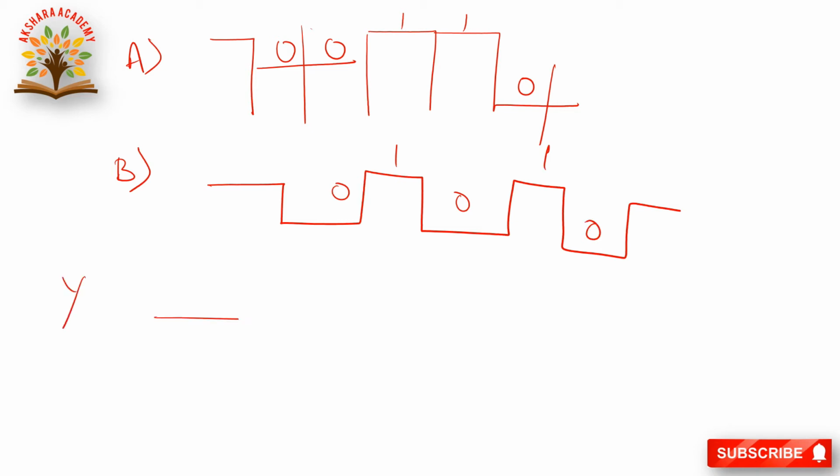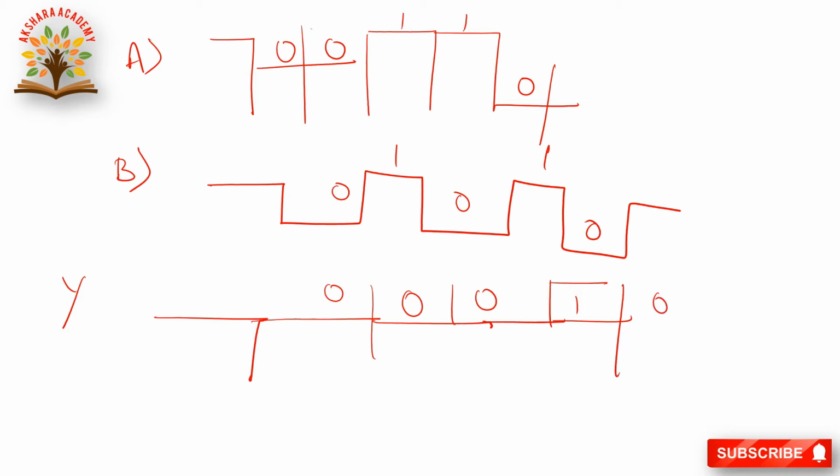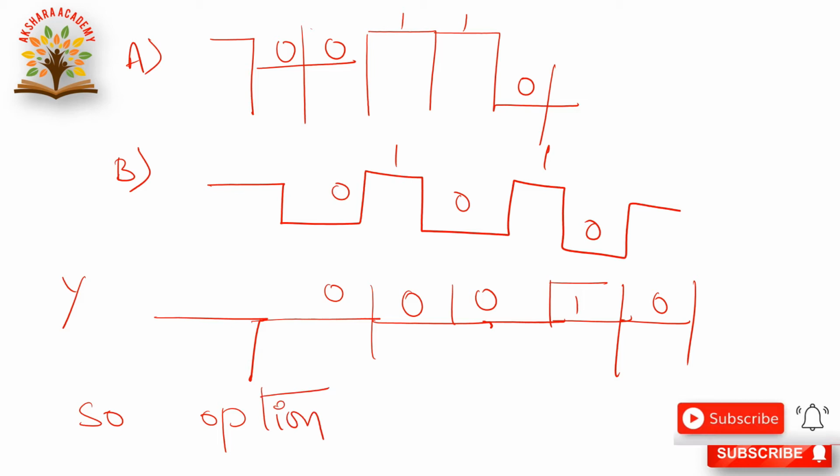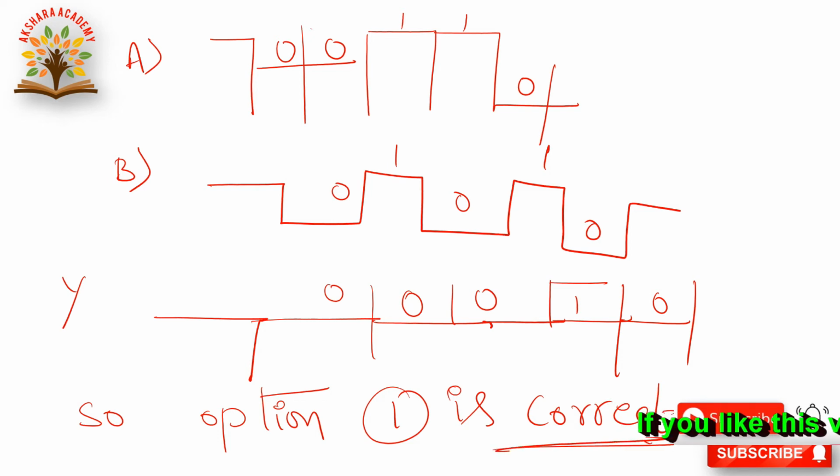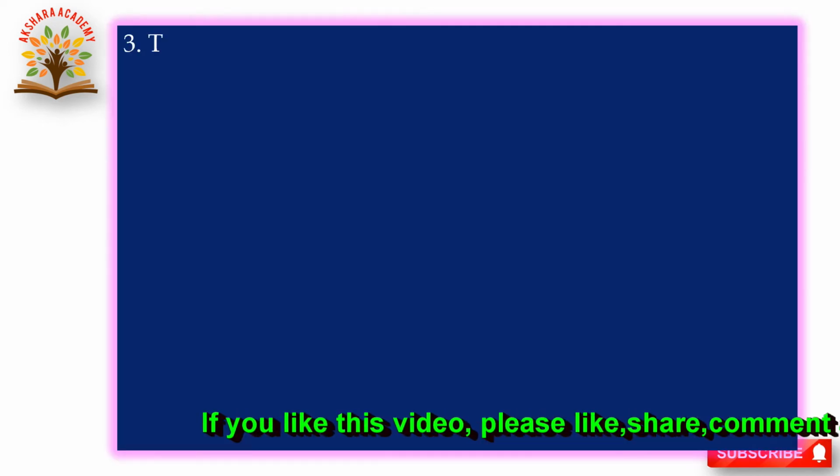Now the correct output is 0, and here also 0 and 0, here 1 0. Okay, so the correct option is the first option. So option 1 is correct. Okay, next we will go to the next question.